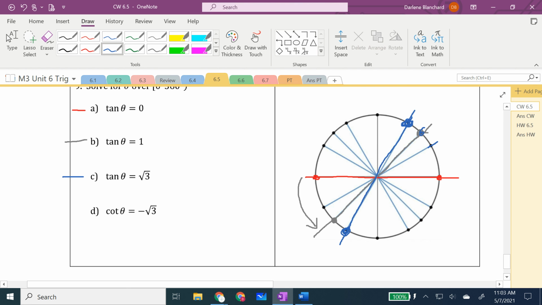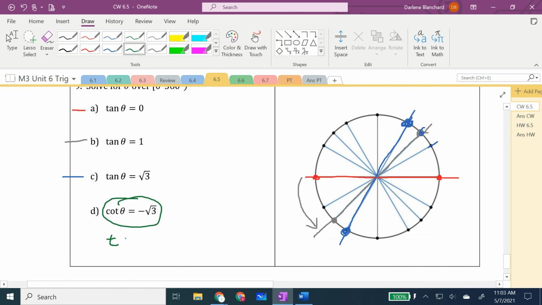And that's actually just if you take 60 and add 180, that will give you this angle. So 60 plus 180 is 240.